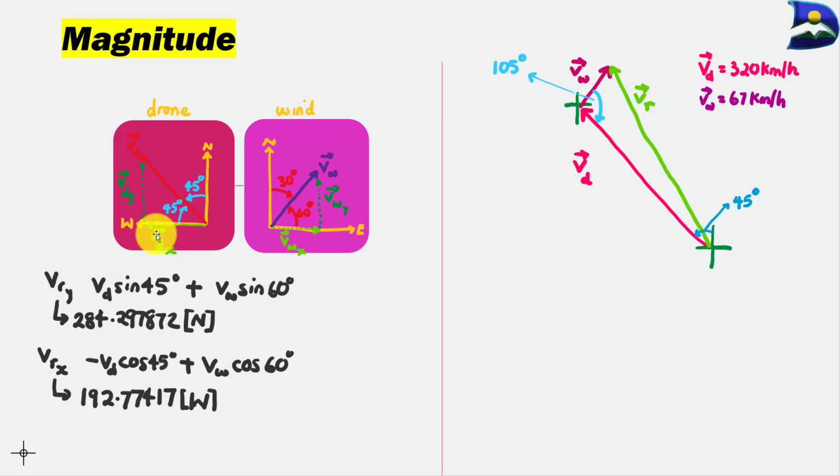So once we have this, we are now going to combine these two vectors together to get our final resultant.